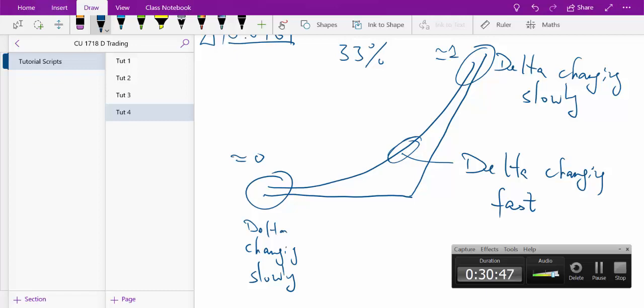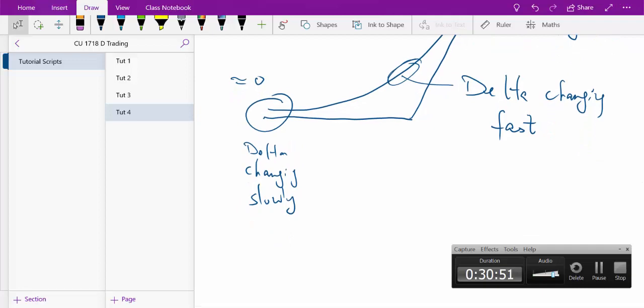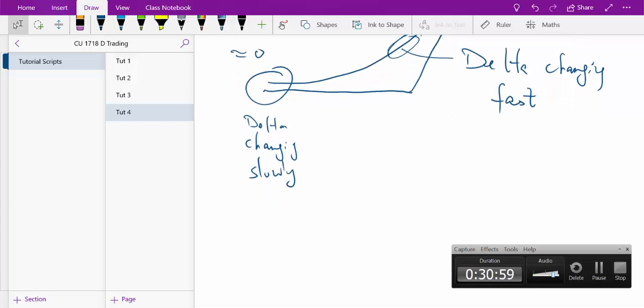So that is why when you look at a graph of the gamma, you get something like this. I'm using the same scale, okay? The x-axis is the share price.